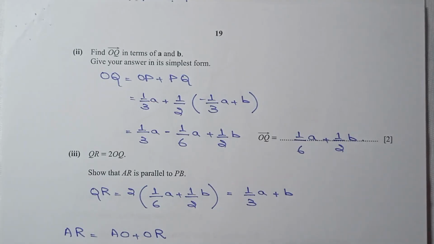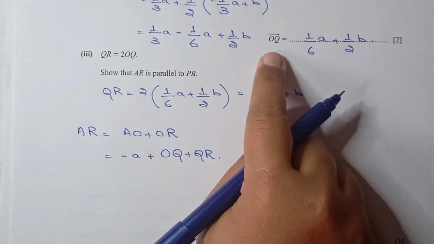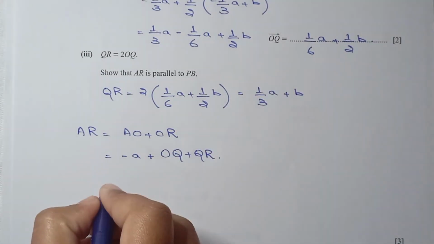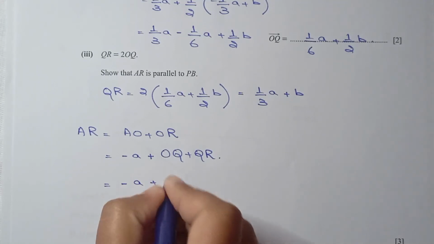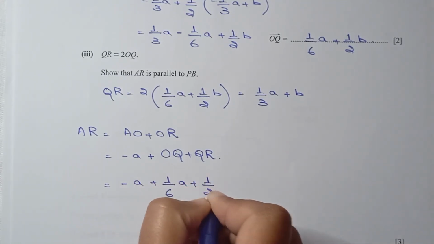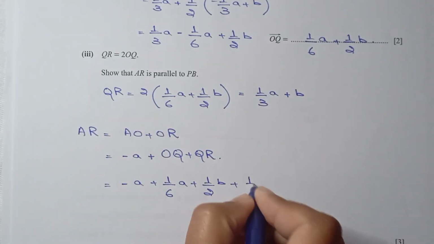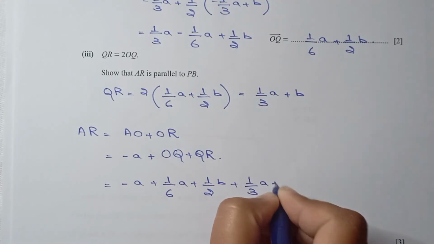OQ plus QR. Okay, and we know OQ. This is OQ: negative of A plus 1/6 A plus 1/2 B. And QR is plus 1/3 A plus B, right?